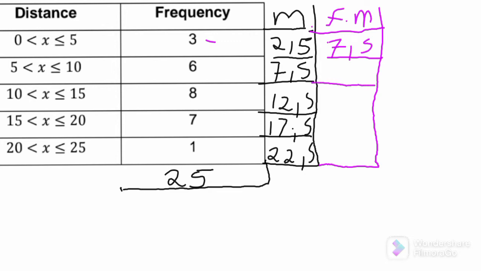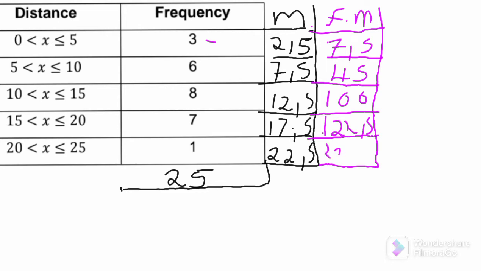And then 6 times 7.5 is 45. And then 8 times 12.5 is 100. And then 7 times 17.5 is 122.5. Then 1 times 22.5 is simply 22.5.